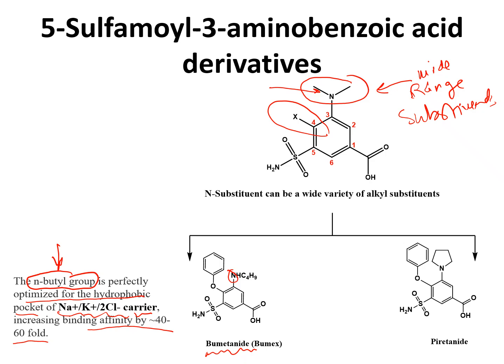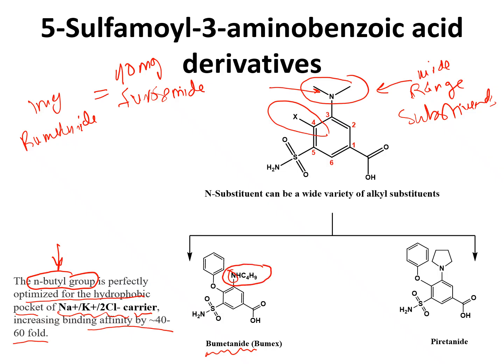So 1 milligram of bumetanide is equivalent to around 40 milligrams of furosemide. This is a jump in the inhibitory activity of these compounds, mainly because of the nitrogen at position 3 and the butyl on it. Clear? This is the most important difference in this structure.